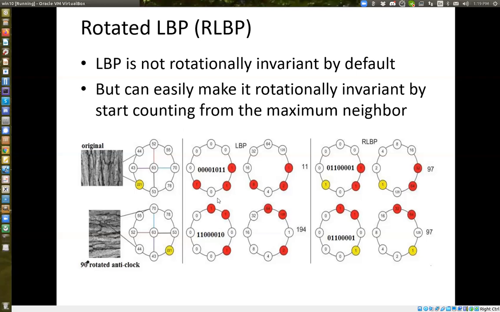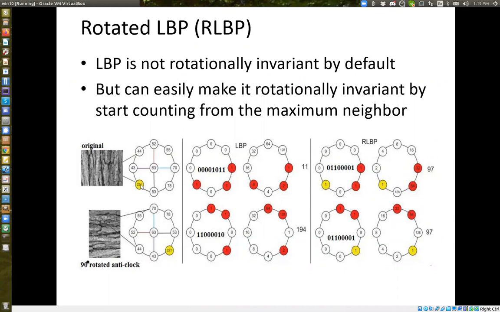Now I want to make it rotational invariant. So what we're going to do here is, across this label, I know this one is the maximum, right?